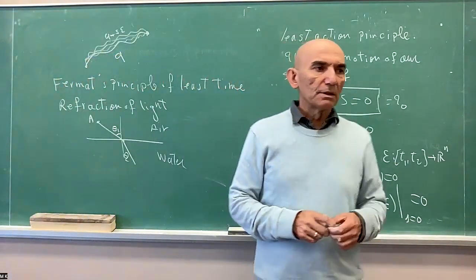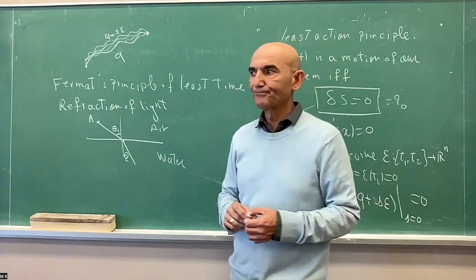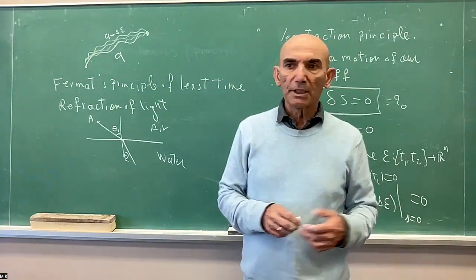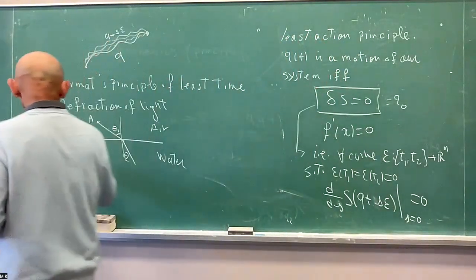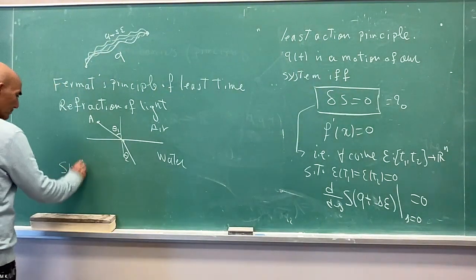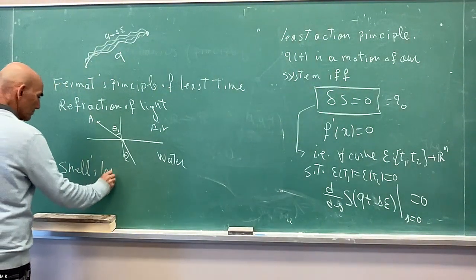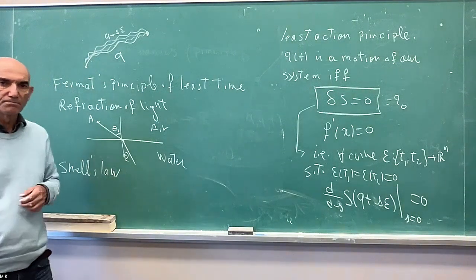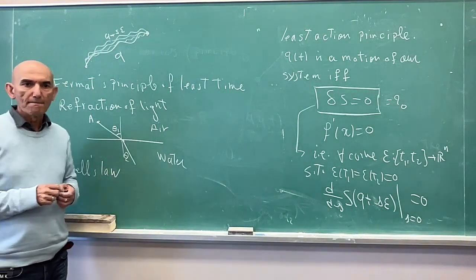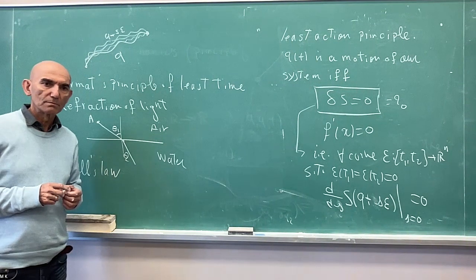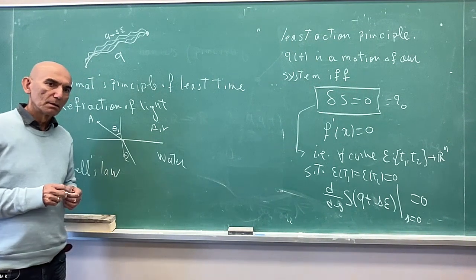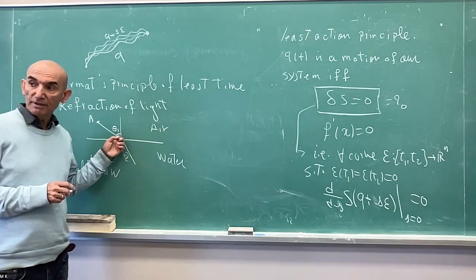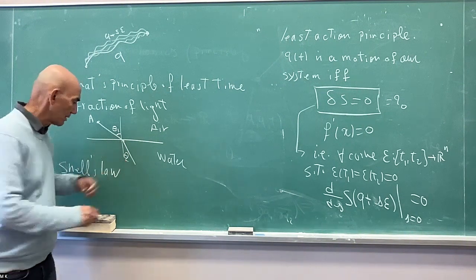And of course, there is a law, experimentally arrived at by a guy called Snell: Snell's law. You remember Snell's law? There are specific coefficients for each medium, and you take their ratio. It has to do with the sine of this angle with respect to that.